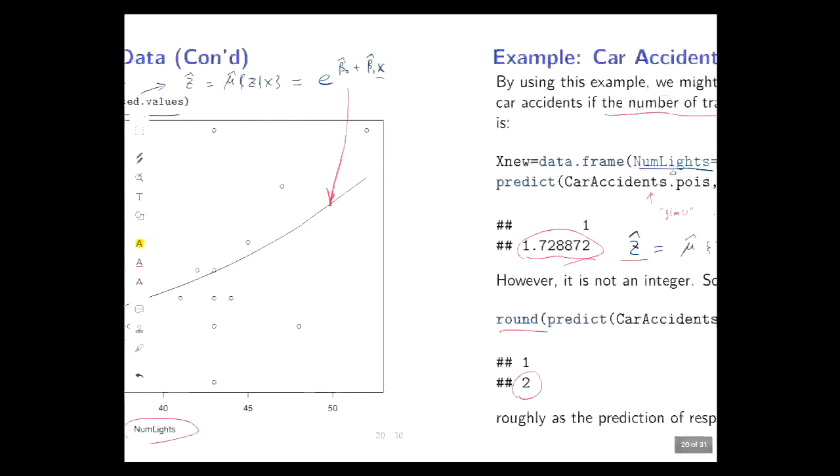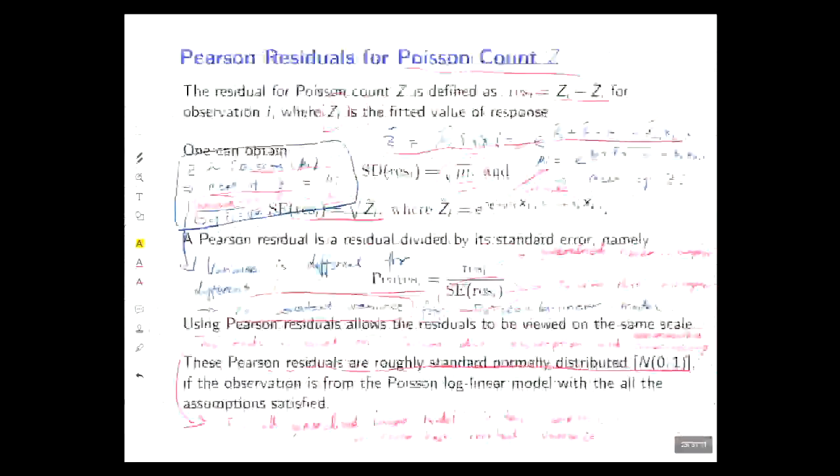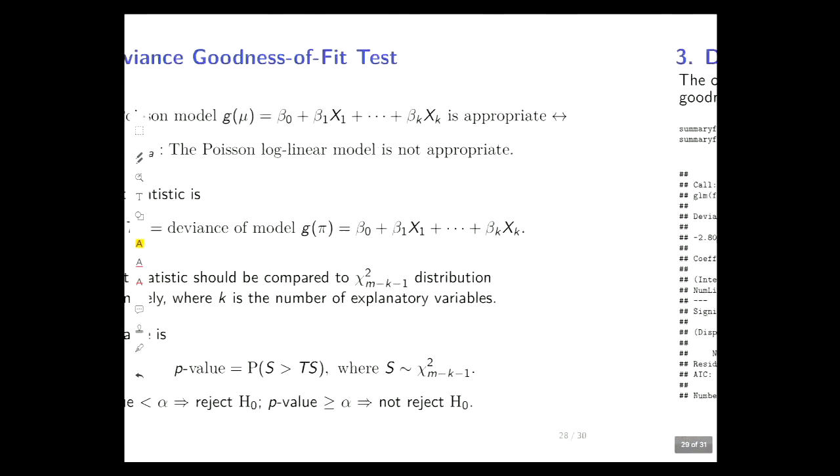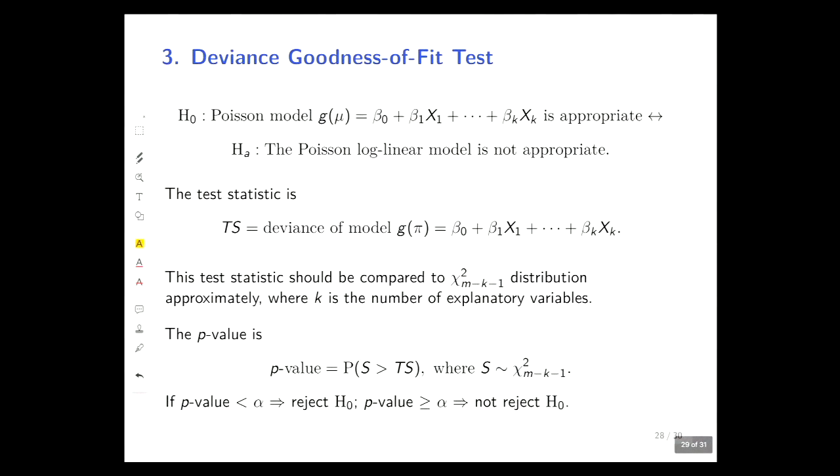What I can tell you here is that in this deviance goodness of fit test, even though we only write down the generalized linearity assumption, it's not that accurate.